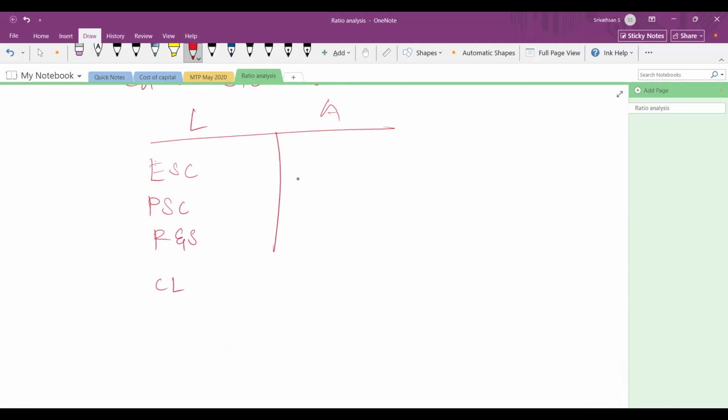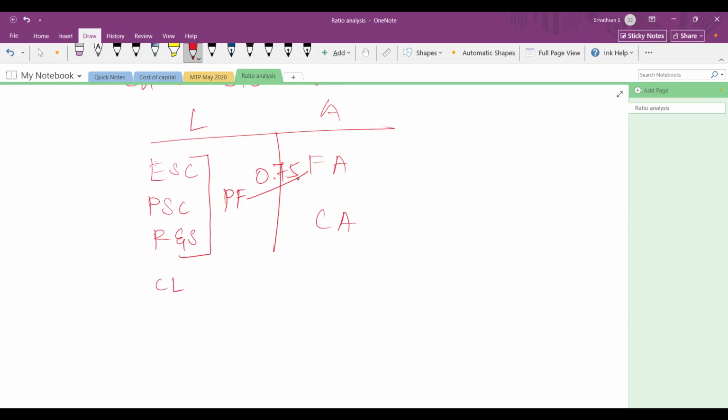So on the asset side, we have only two things, fixed asset and current asset. This whole thing, the first three items can be called as what? Proprietary fund, right? Out of this proprietary fund, we know that 75% is fixed asset. And remaining 25% is what?